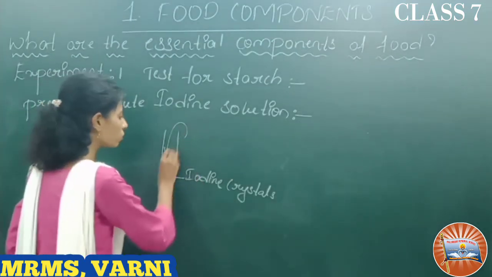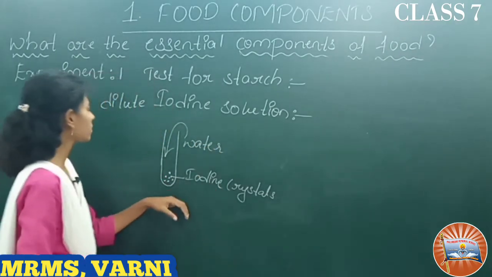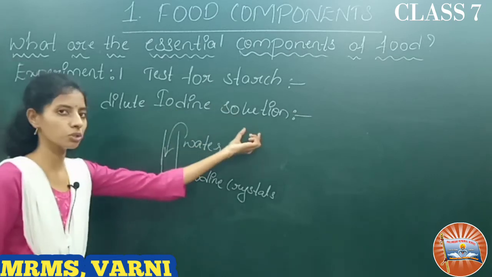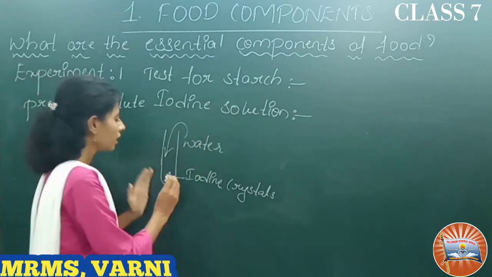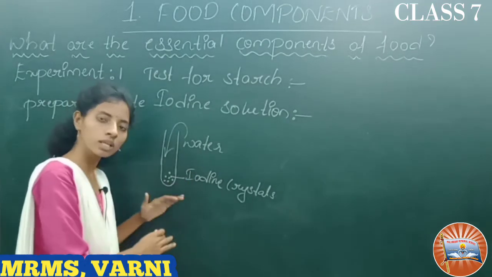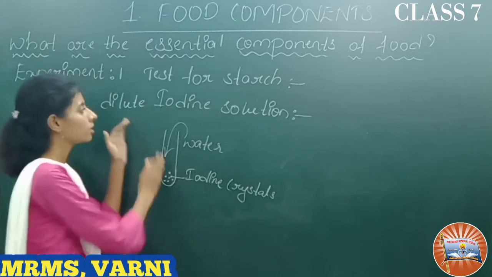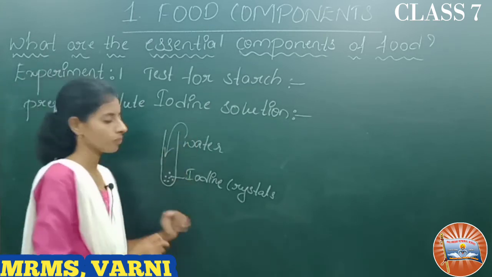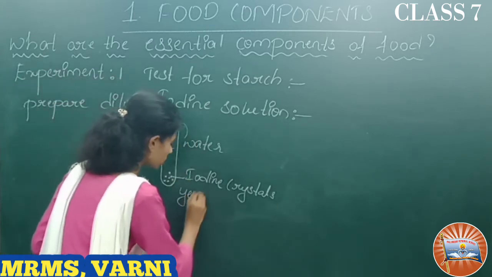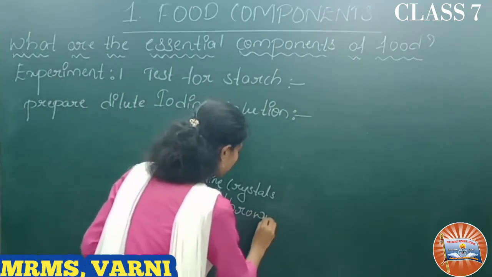By adding water to these iodine crystals, we will get dilute iodine solution. Here we will observe a light yellow or brown color solution. That is our dilute iodine solution.